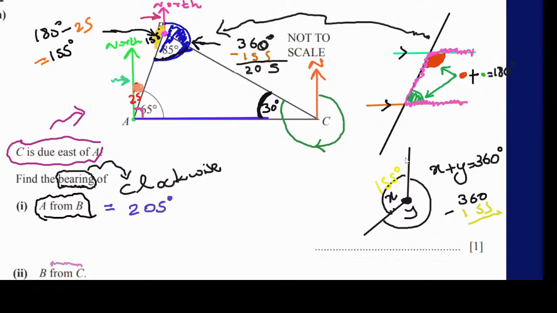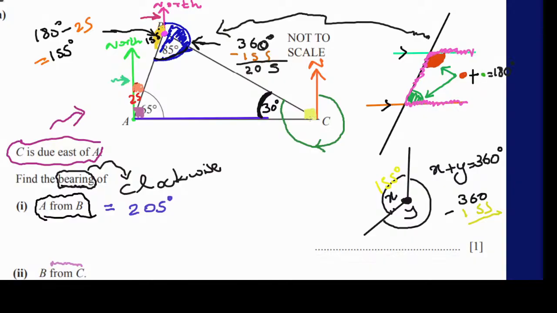And the other fact is, since this green north at A is parallel to this orange north at C, co-interior angles should add up to 180 degrees. So if this angle here, what I'm coloring now, is 90, what should this yellow angle be?